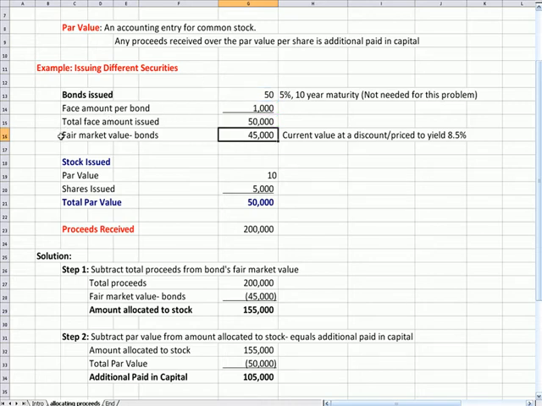It turns out in this example that the fair market value of the bonds, not the face amount, the fair market value of the bonds is $45,000, which is less than the $50,000 face amount. That means that the current value of the bonds is a discount, something less than par.